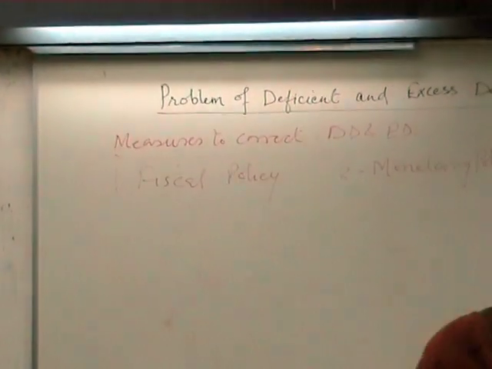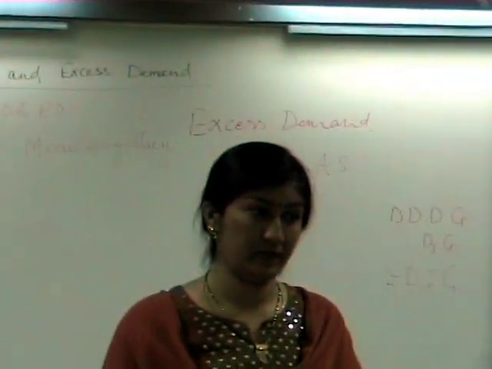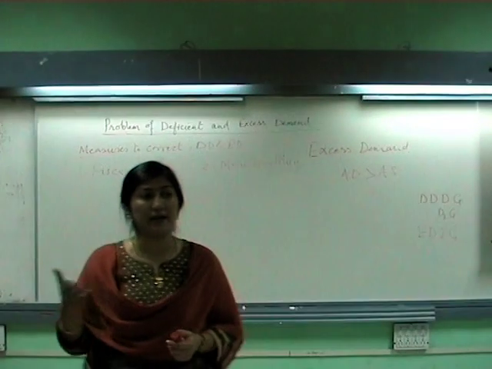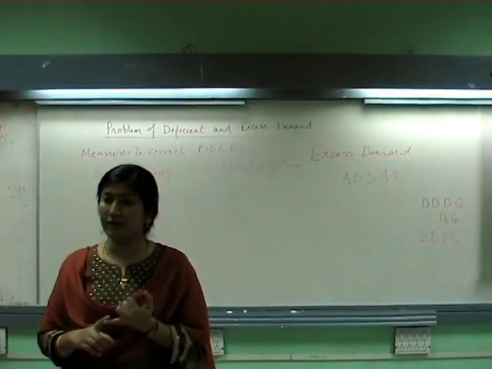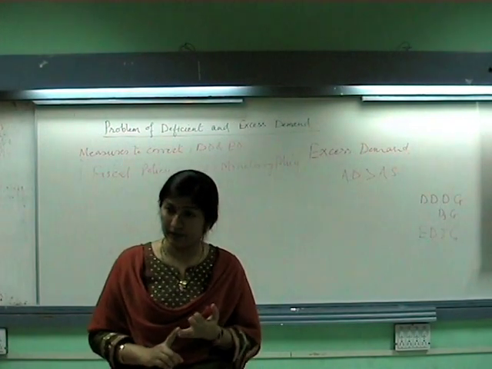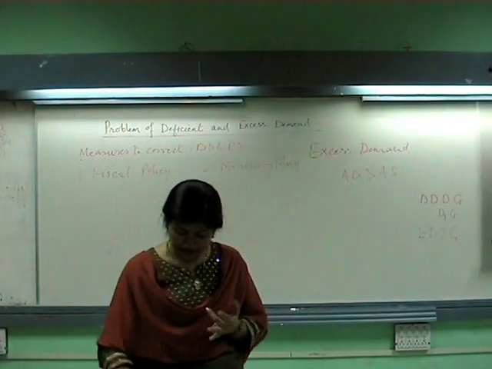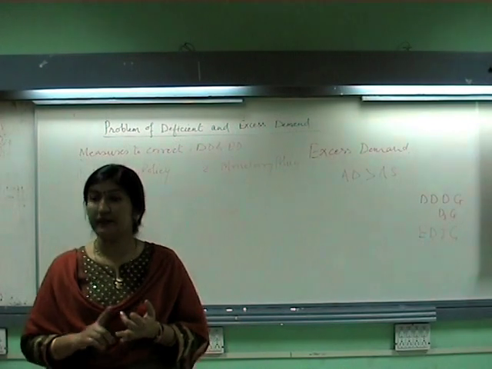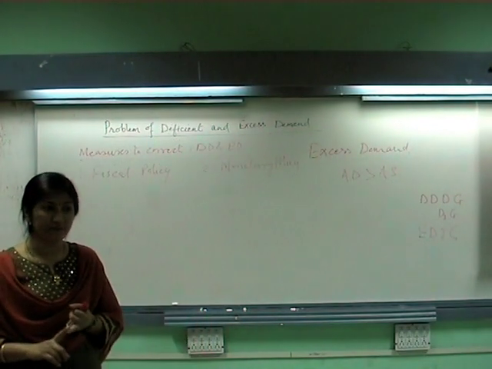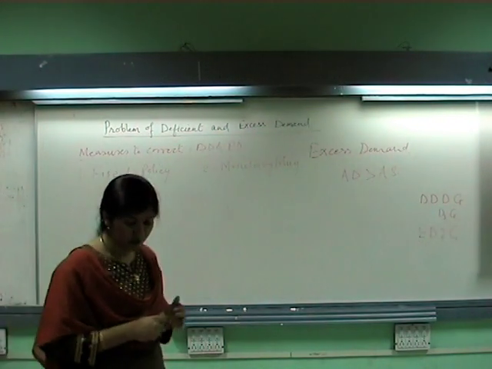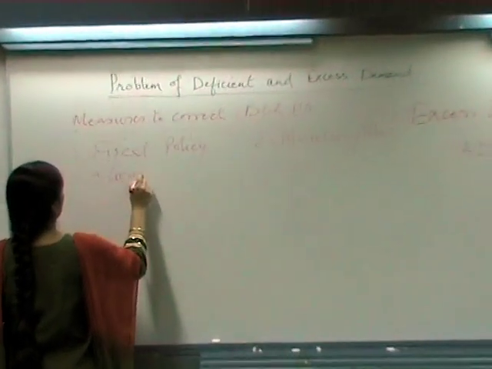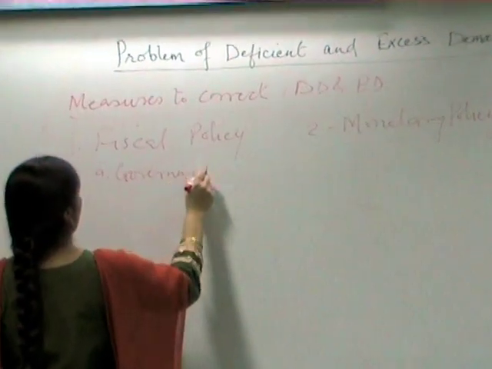Now, let us talk about the deficit demand, or we can talk about both deficit and excess. What all policies will come under fiscal policy? First is the rate of taxation and the expenditure by the government. What expenditure is the government doing under deficit financing? You know what is deficit financing? So, first comes the government expenditure.